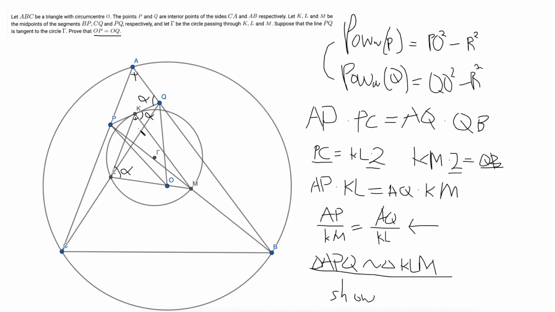And that's because of the condition they give us that line PQ is tangent to the circle. And when you have a tangent circle like this, then these angles are equal. So there we have it. We've proved that triangle APQ is similar to triangle KLM because the angles are all congruent.